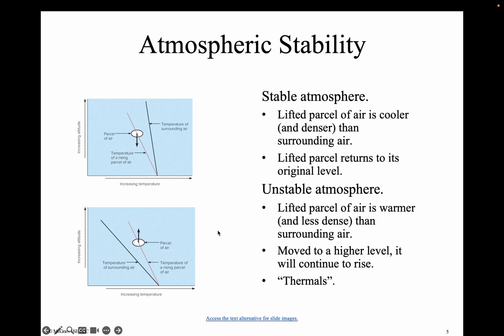Because the parcel is warmer and less dense, the parcel then is moved to a higher level in the atmosphere, to a higher altitude. So that's why the arrow is pointing up, because it's moving that parcel up. And it will continue to rise even after that uplifting force is removed. Okay?